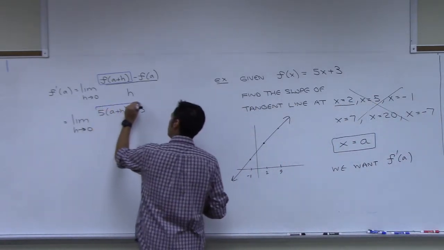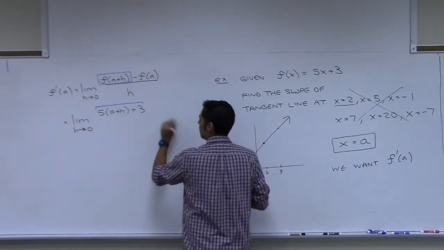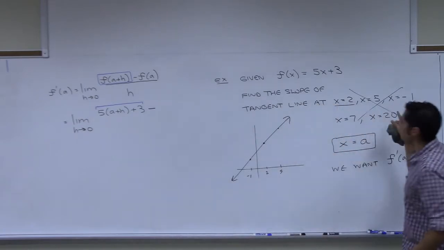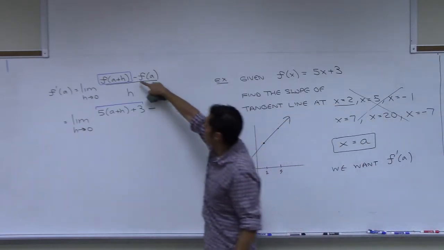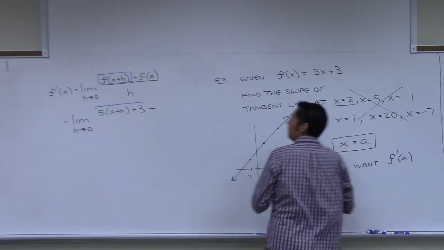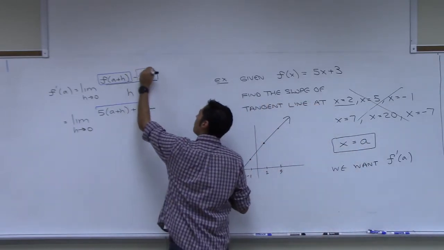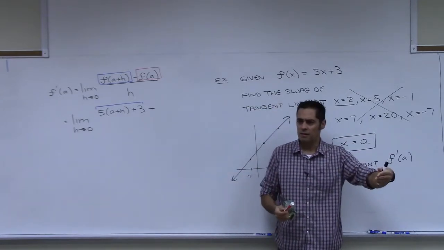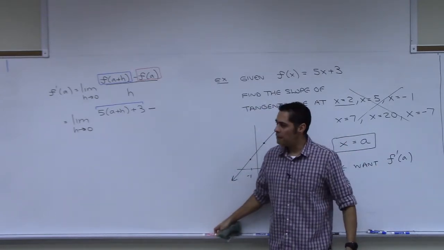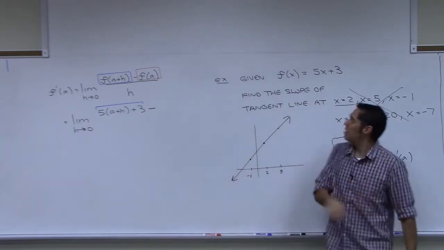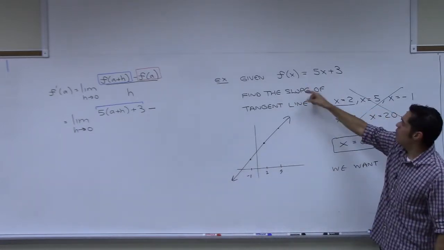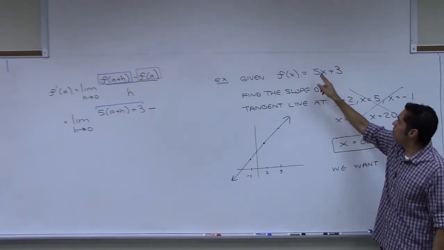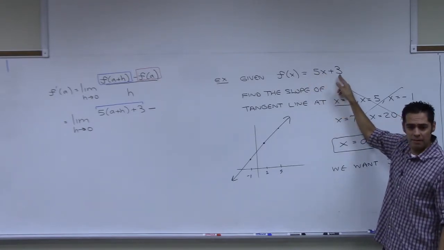Now here's a very dangerous part right here, and this is the part that a lot of students mess up. I'm going to subtract now. From my formula, I need to subtract f of a. Now in the previous problem, it was f of 2, and that was just the number 13, right? But here, f of a is not going to be a number. It's actually going to be this with the x replaced with a, which means it will be 5 times a plus 3, right?